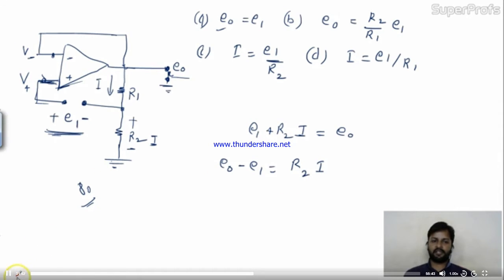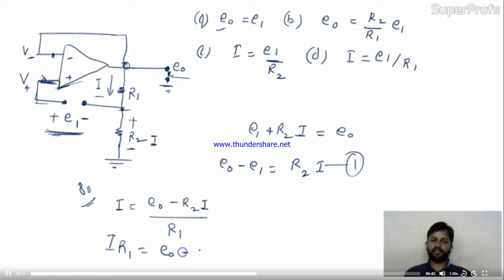So let's take it as equation 1. And the second equation will be formed by this only. I is given. I is what? This is E0, E0 minus this voltage. This voltage is minus R2I, R2I divided by R1. So here IR1 equals E0 minus R2I.